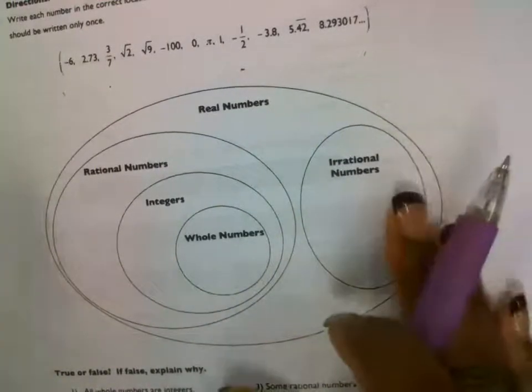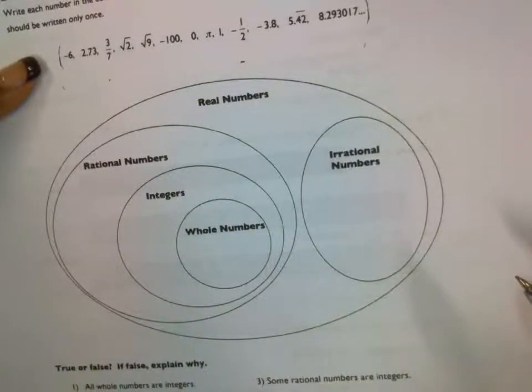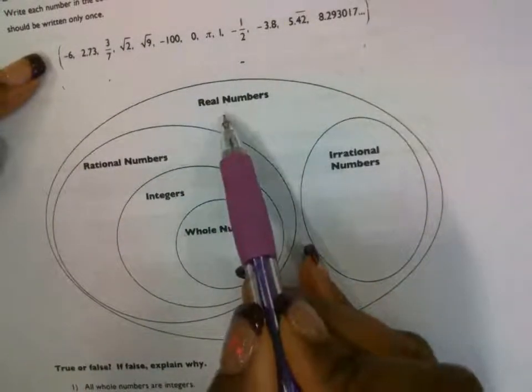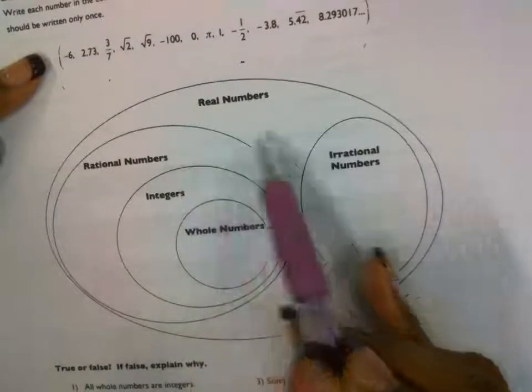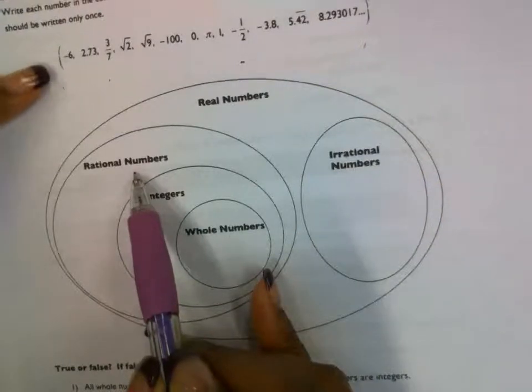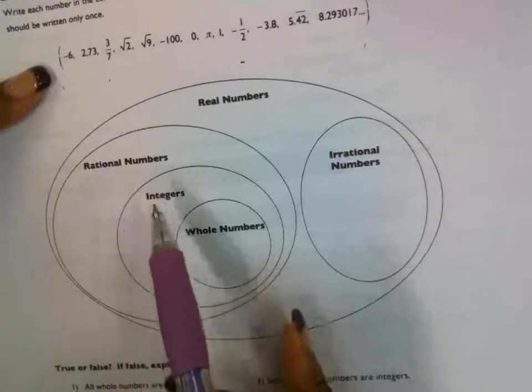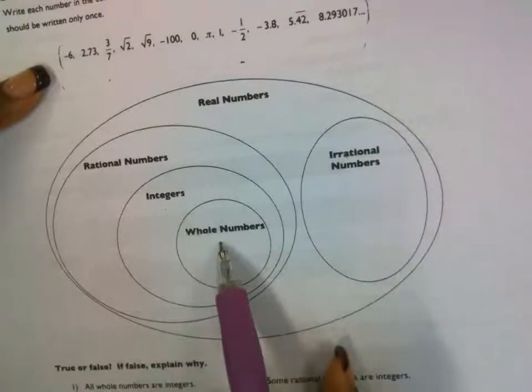All right, so let's go one by one. Let's put -6 in its right box. Okay, -6 is a real number, but what does it fall in? Rational or irrational? It falls under rational because you can write it as a fraction. But not only is it rational, it's also an integer. Well, is it a whole number?